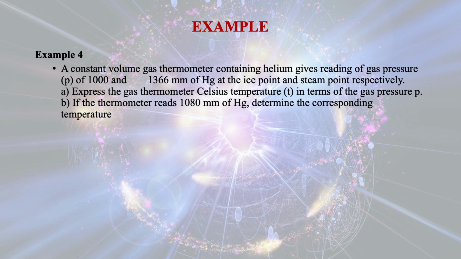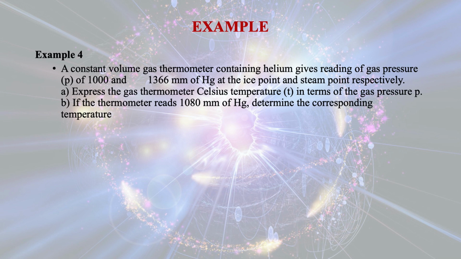Now there is a very interesting example we have taken up, how to calculate the temperature. A constant volume gas thermometer containing helium gas reads gas pressure P of 1000 and 1366 millimeter of Hg at the ice point and steam point respectively.